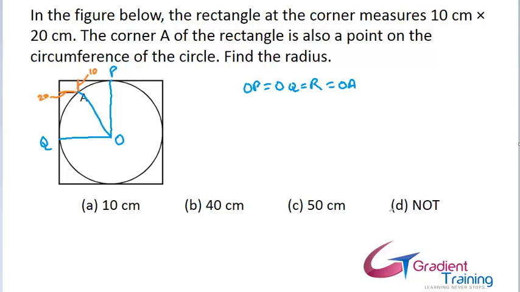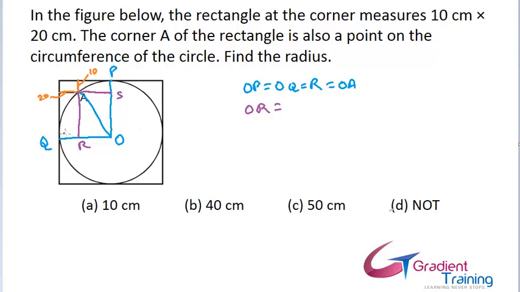Now let's drop a perpendicular from A on OQ and another perpendicular from A on OP. And let us call these points R and S. So what is the length of OR? Friends, OQ is clearly R and this part is 20.